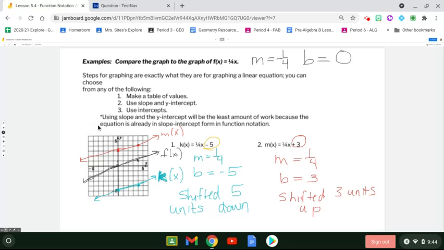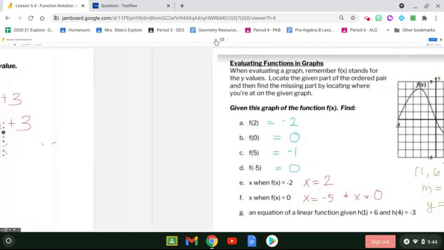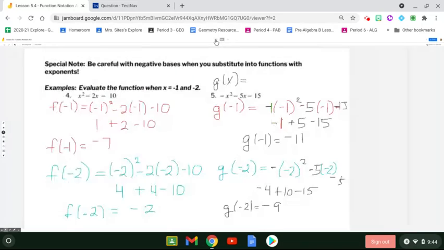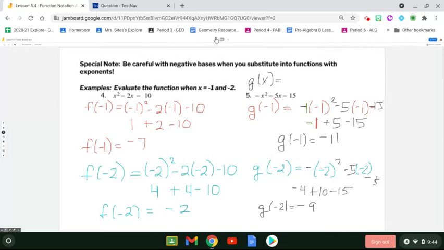All right, so we learned a lot in today's lesson. We've made some comparisons of graphs by looking at y-intercepts, and we've looked at what function notation is. Sometimes with function notation you will be solving for x, and most often you'll be solving for the y in the problem, which is going to look a little different, right? Function notation is read like this: f of x, g of x, or it could be h of x.